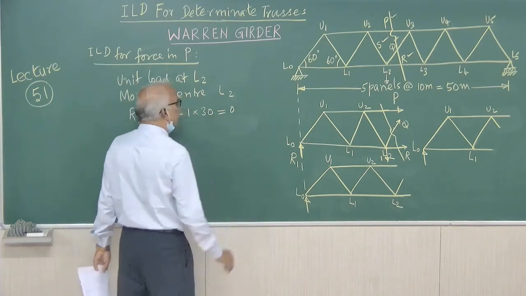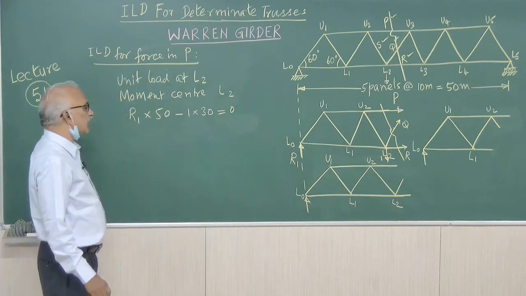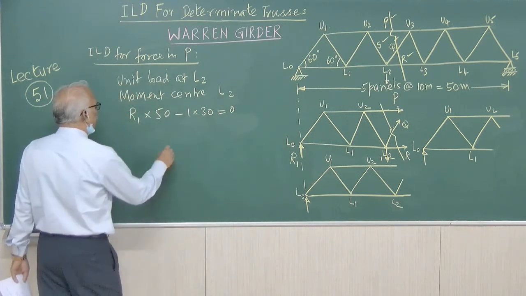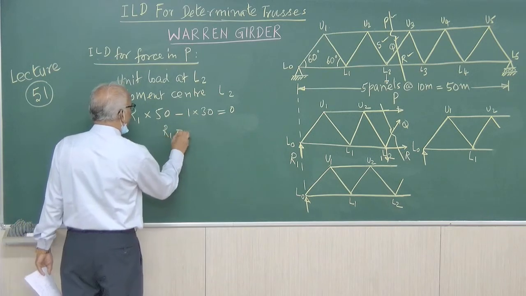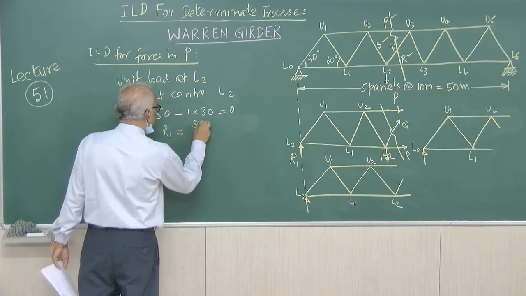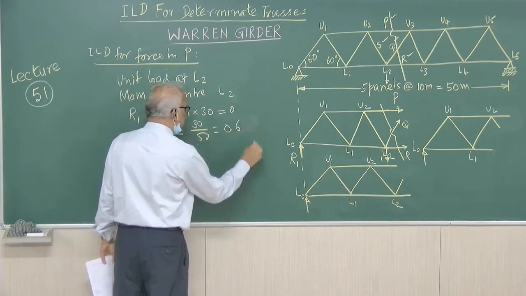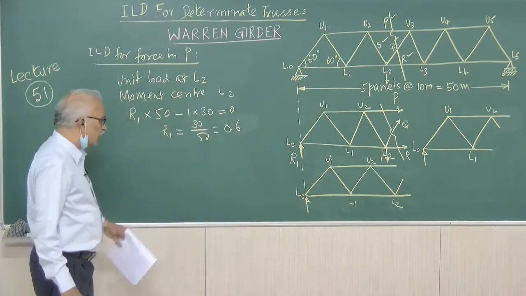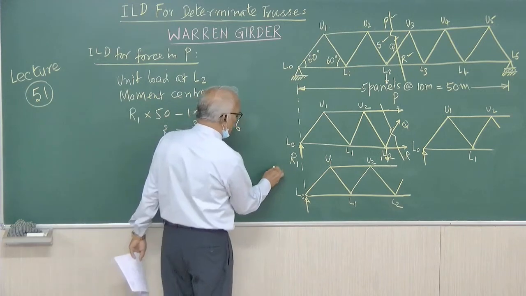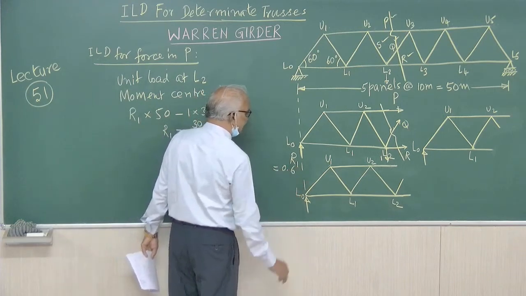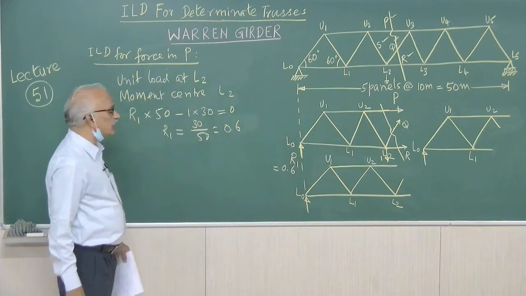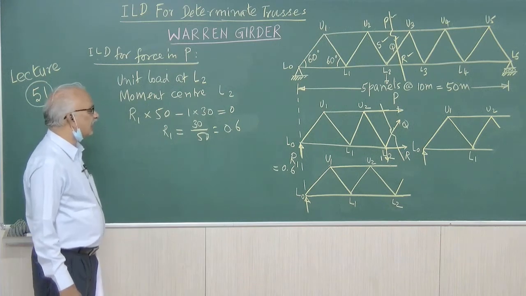Only the unit force is applied at L2. Therefore, R1 equal to 30 by 50 equal to 0.6. The reaction equals 0.6, imagining the whole truss. Right.